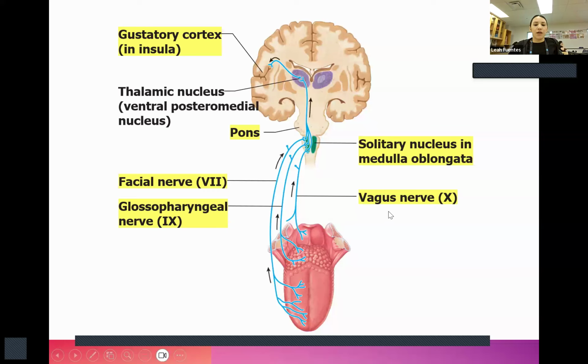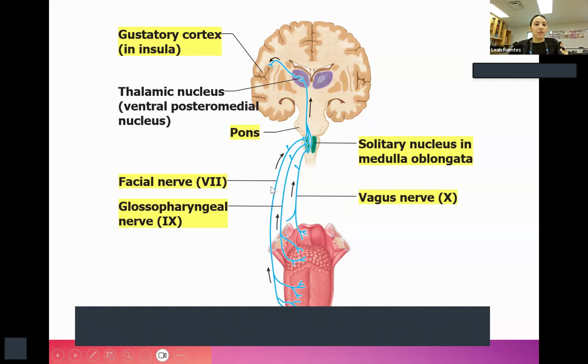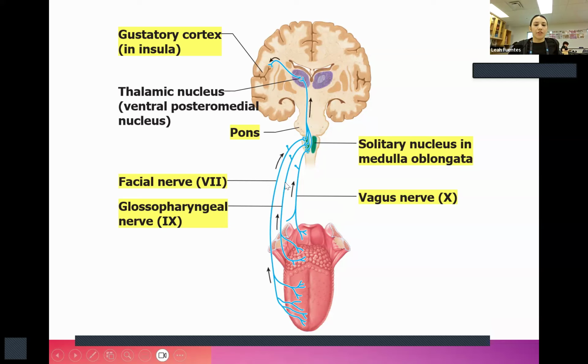This shows you how the specific nerves take our taste to our brain. I believe you'll need to be able to identify these three nerves. This one on the outside is the facial nerve, or number 7, glossopharyngeal, which is 9, and then vagus, which is 10. These are the three nerves that you will need to be able to identify.